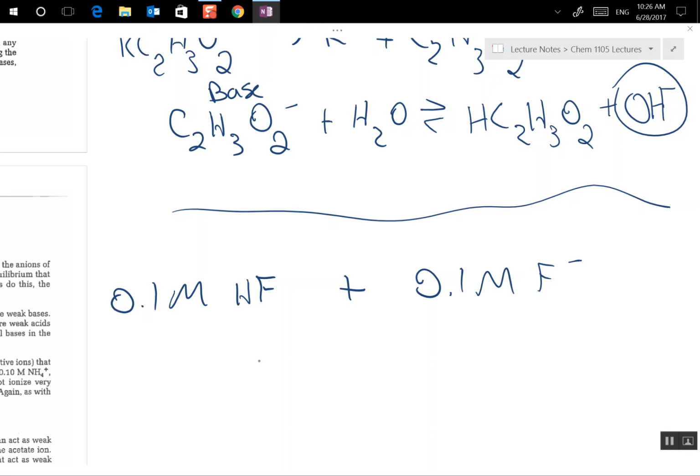Both of those acids and bases are present. Okay? Now, HF is a stronger acid than F minus is a base.